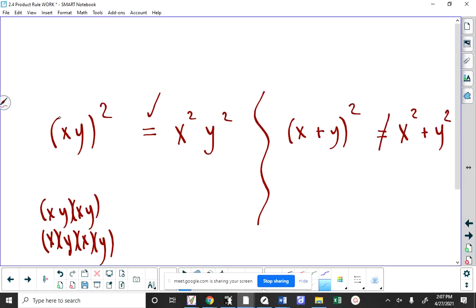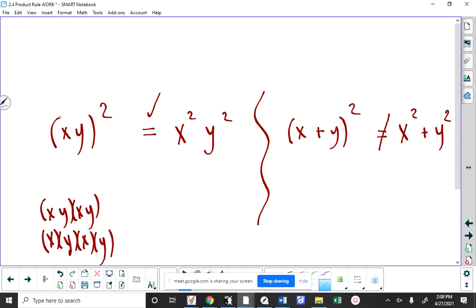The answer is a resounding no, right? You know that that's not how you take a sum and square it. You would get the wrong answer because it should be x plus y times x plus y, which is not x squared plus y squared. Are you with me on that?